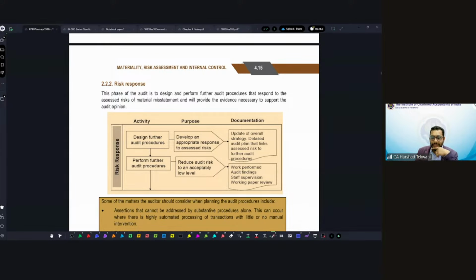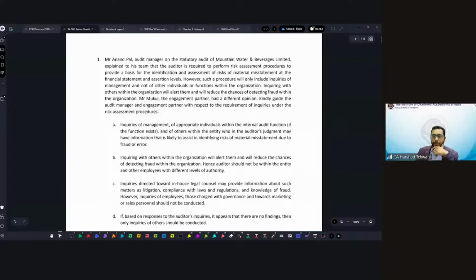The question is: Mr. Anand Pal, audit manager on the statutory audit of Mountain Water and Beverages Limited, explained to his team that the auditor is required to perform risk assessment procedures to provide a basis for the identification and assessment of risk of material misstatement at the financial statement and the assertion levels.